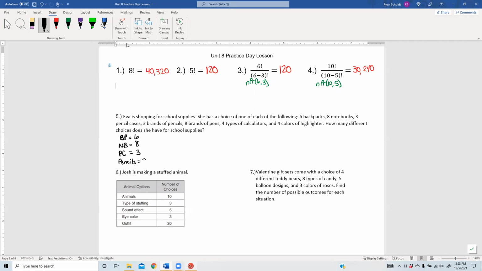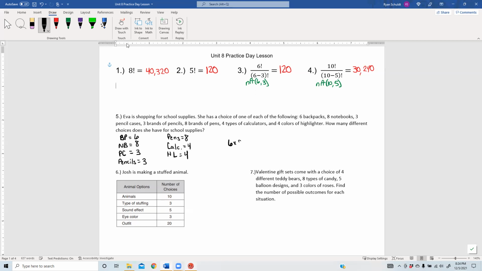Pencils, she's got 3 choices. Pens is 8. Calculators is 4. And highlighters is 4. So if we want how many total different choices does she have, then we just straight up multiply all of these together. And it's going to give us a big number. But that's still how you do it.